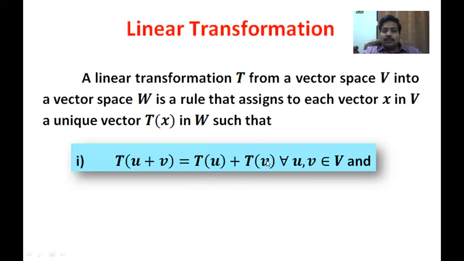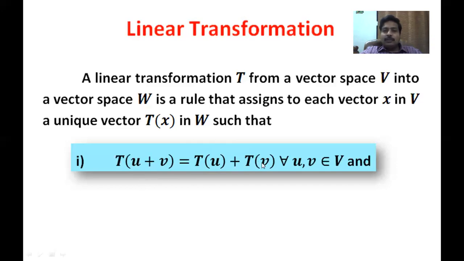But if both are taken together, the shopkeeper will give you for 34,000. In that case, T of U plus V is 34,000, which is not equal to 20,000 plus 15,000. So in that case, this rule fails.